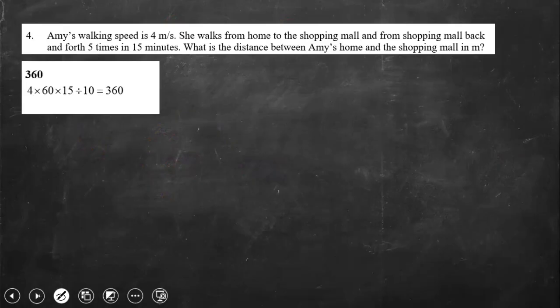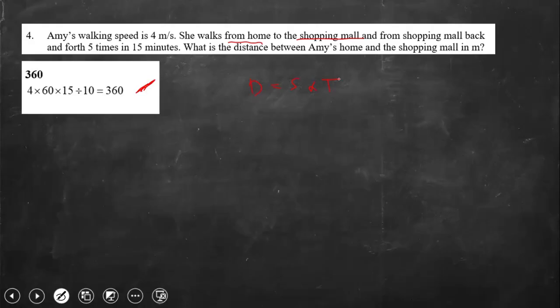Next, Amy's walking speed is 4 meters per second. She walks from home to the shopping mall and back and forth 5 times in 15 minutes. So what is the distance between Amy's home and the shopping mall in meters? Okay. We first note that distance is equal to speed times time.